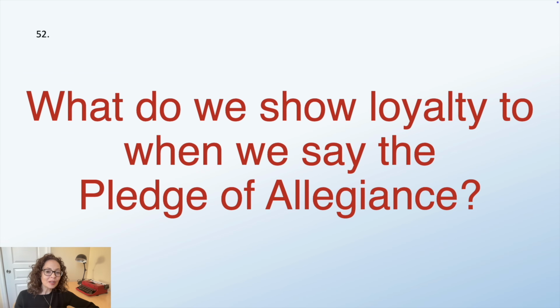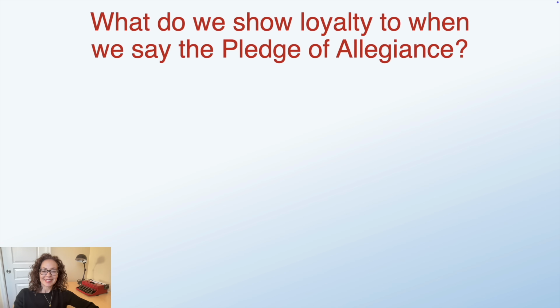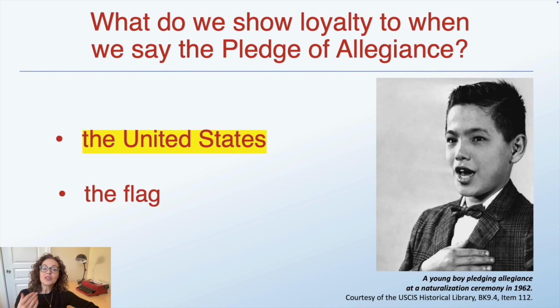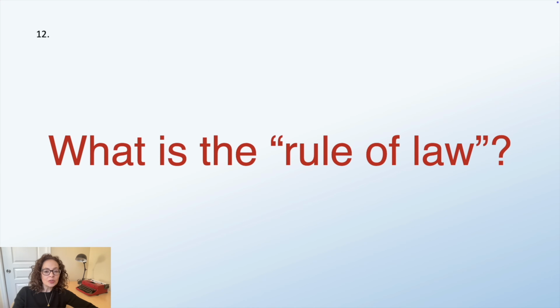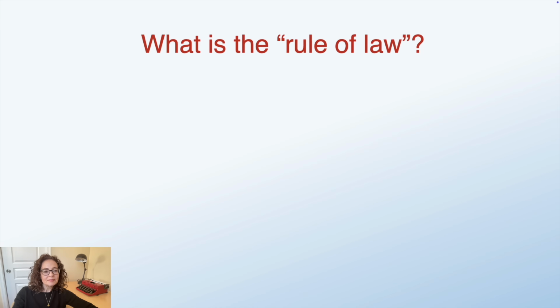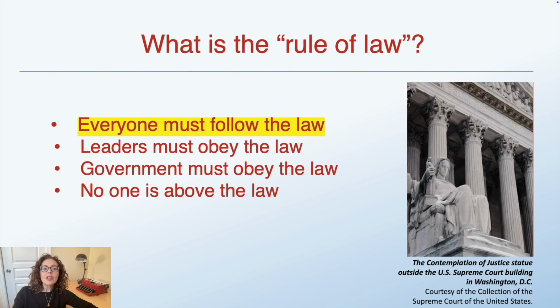What do we show loyalty to when we say the Pledge of Allegiance? That is the United States, or the flag. What is the rule of law? The rule of law means everyone must follow the law.